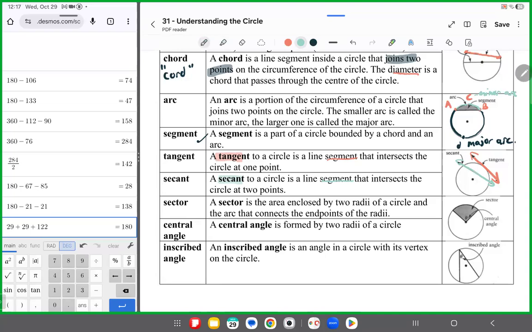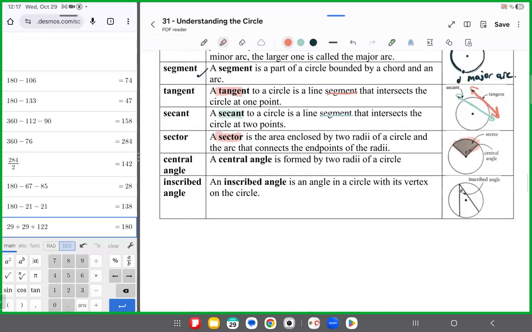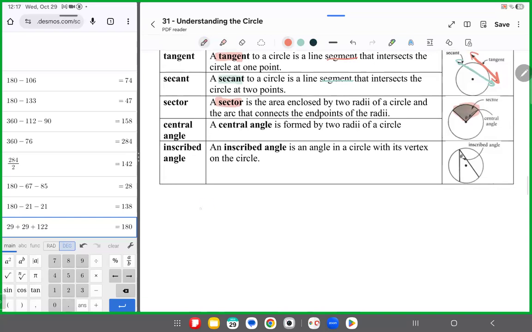A sector is the area enclosed by 2 radii of a circle and the arc that connects the endpoints of the radii. So all this means is, if you were to sketch out what this looks like, if you were to take your 2 radiuses and move them out to a given point, and enclose that area, that would be a sector.